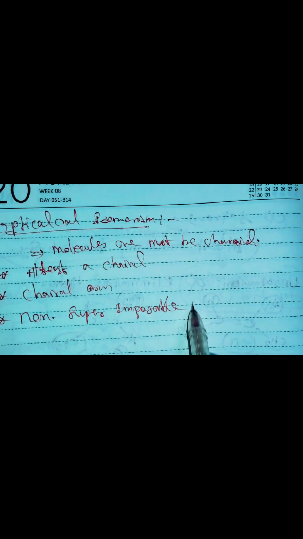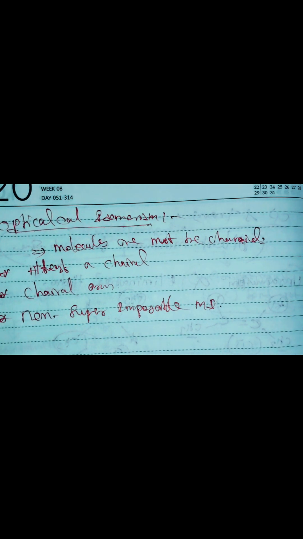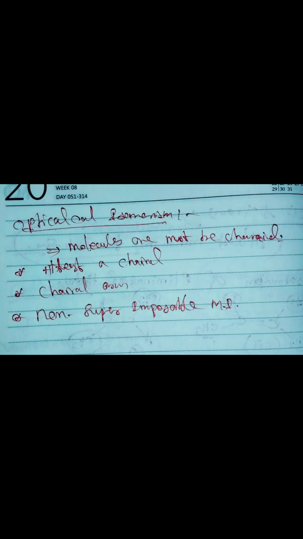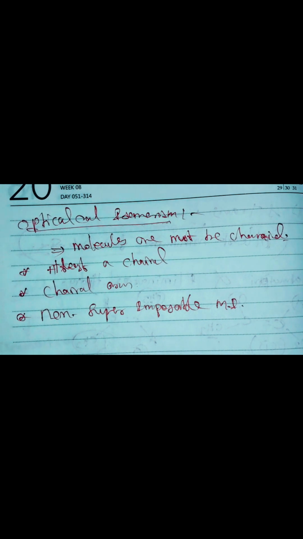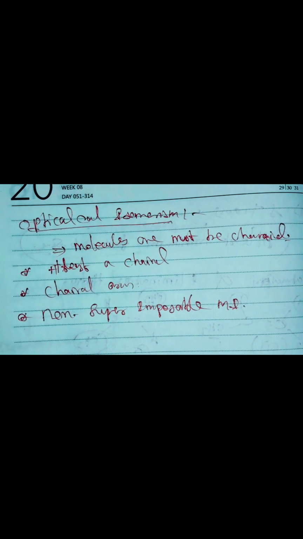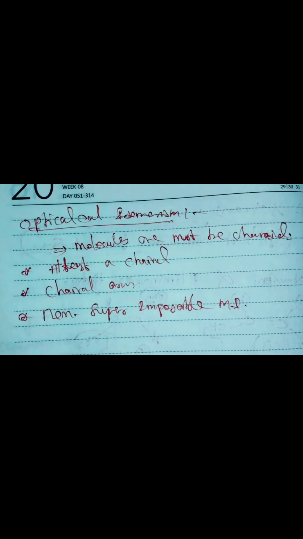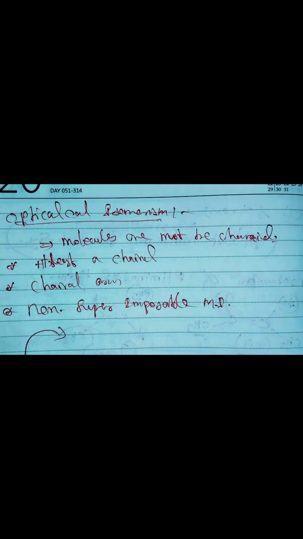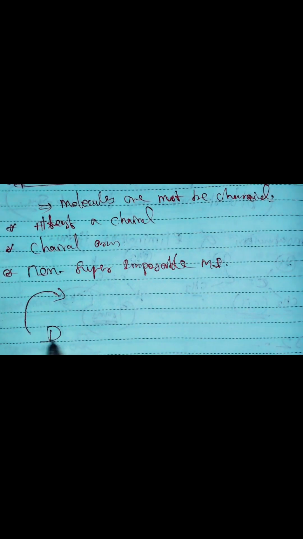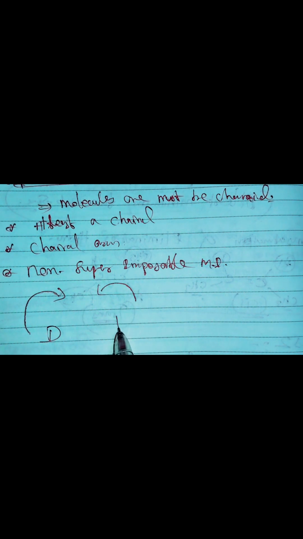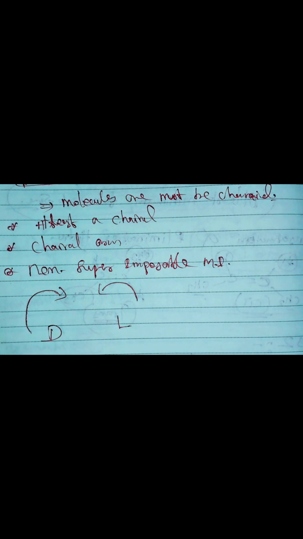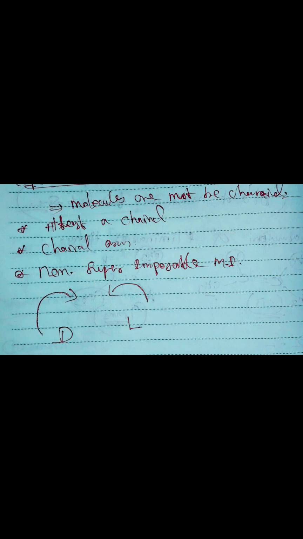If these conditions are present, the molecule must be optically active. Simply, if a molecule rotates plane polarized light in the clockwise direction, that is dextrorotatory. If it rotates plane polarized light anti-clockwise, that is levorotatory. So that is the general concept.